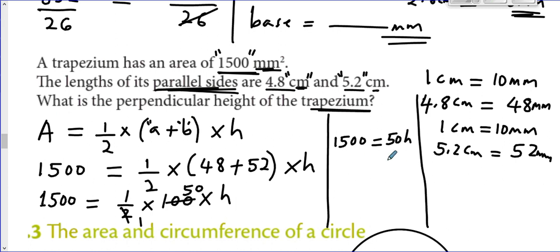To find the value of h, I need to divide by 50. This will cancel. So 1,500 divided by 50, this will cut that, and this will be 30. So your height will be equal to 30. But 30 what? 30 millimeters.